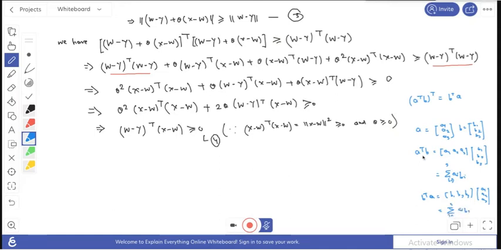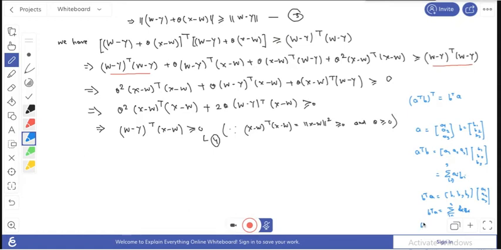So if we take the transpose of that, this is also equal to B transpose A, the summation of BI AI.